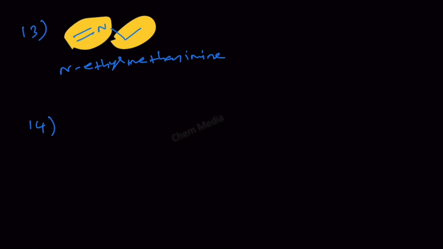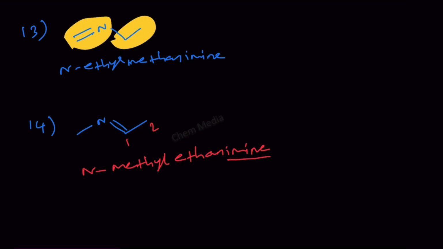And then number 14, let's shift the double bond, nitrogen methyl group, and then 1, 2, put a double bond here. Let's number it 1, 2. This is N-methyl, because we have the methyl group here. So therefore N-methyl ethanimine, not ethanamine, it is ethanimine. That's the correct IUPAC name.